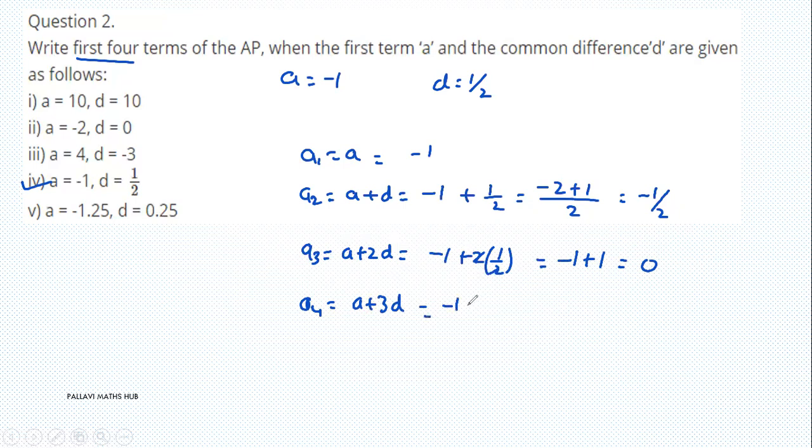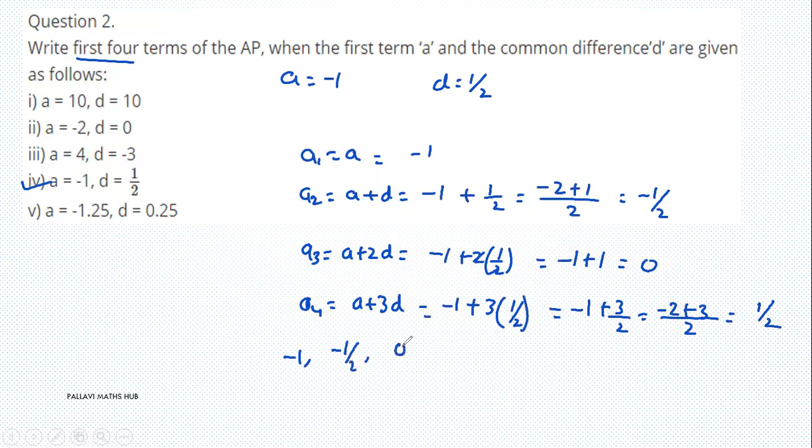The a value is minus 1 plus 3 into the d value 1 by 2, which is equal to minus 1 plus 3 by 2. Take the LCM. 2 is the LCM. Minus 2 plus 3, which is equal to 1 by 2. Now write it in the order minus 1, minus 1 by 2, 0, 1 by 2. These are the first four terms.